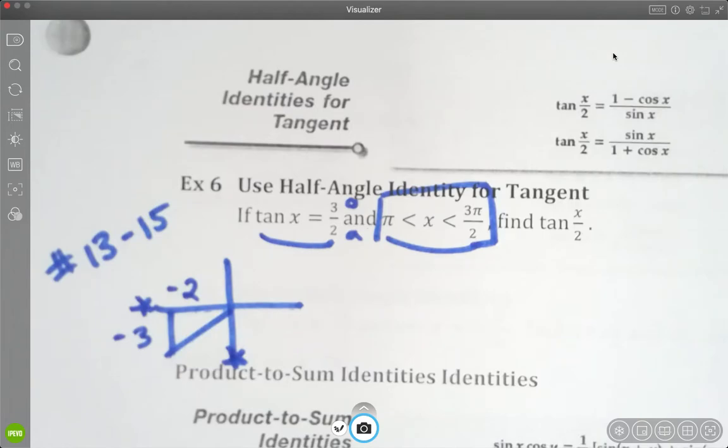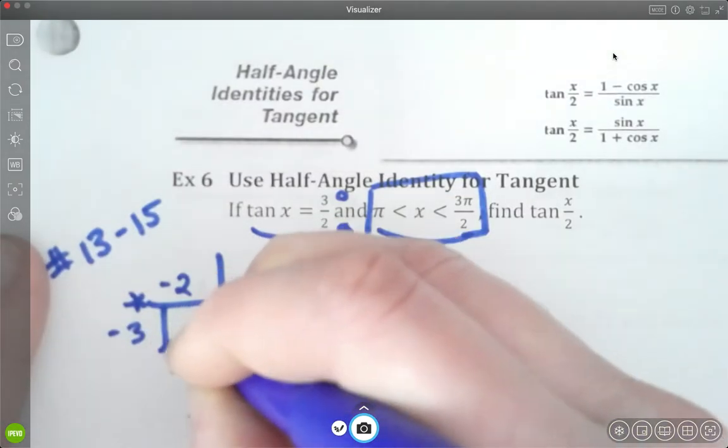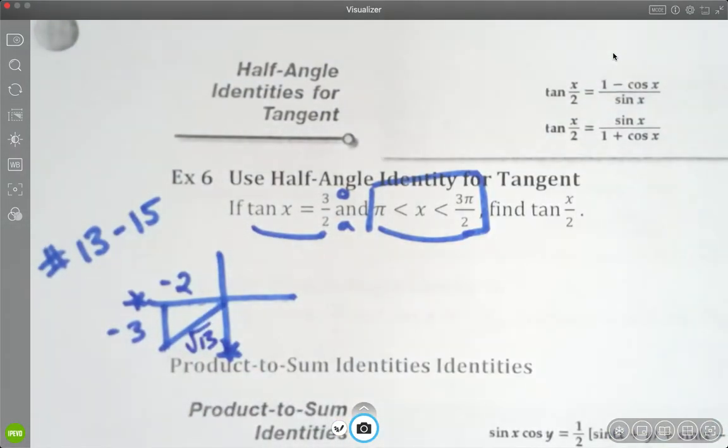Square root of 13: 3 squared is 9, 2 squared is 4, 9 plus 4 is 13, so this will be the square root of 13. If you can't do that in your head, write it all out. And that's never negative, right?